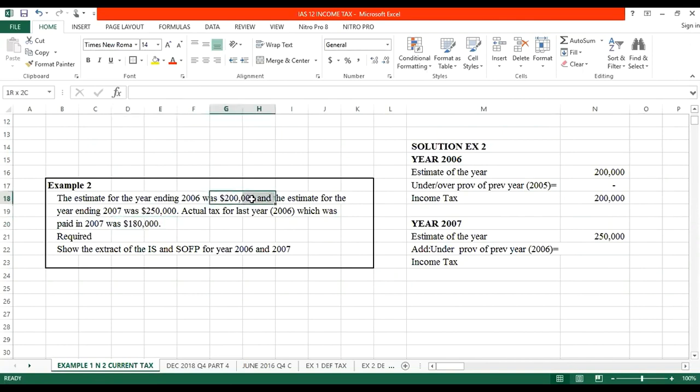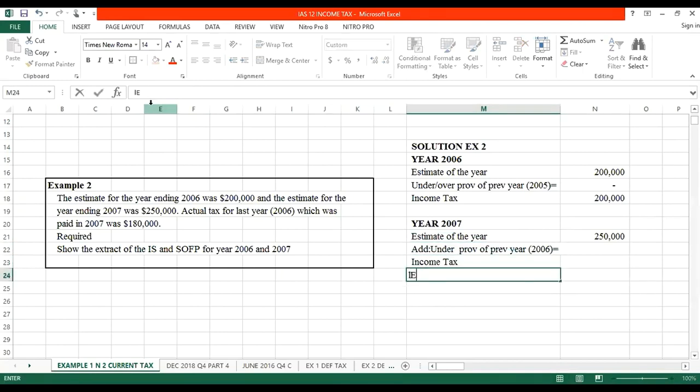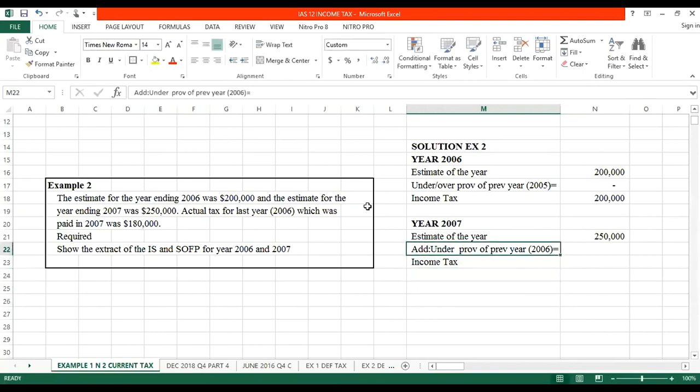So we over-provided, because we estimated 200 and we ended up paying 180. So I can say, if it is over provision, what did we say? You deduct. If it is over provision, it is over.